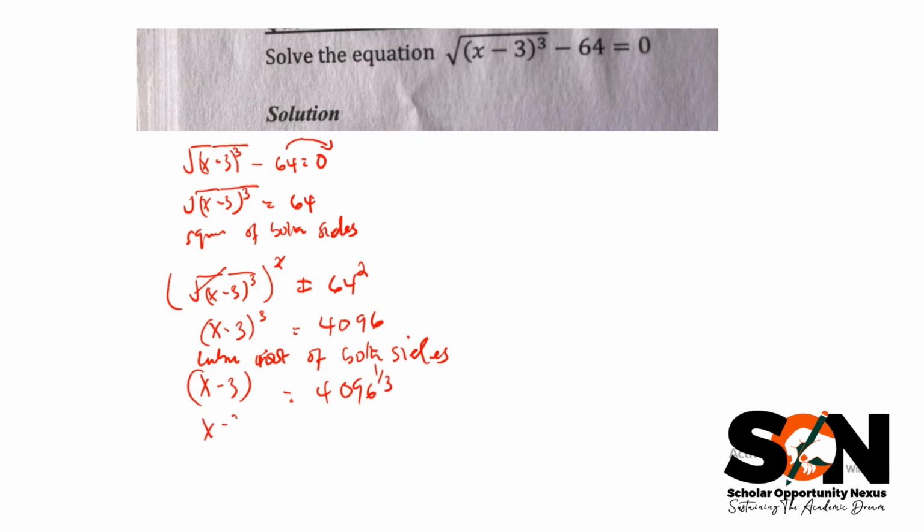So x minus 3 will be equal to, when you put this into the calculator, 16. So x will be equal to 16 plus 3, which is 19. So this is what you get when you solve this equation: x equals 19.